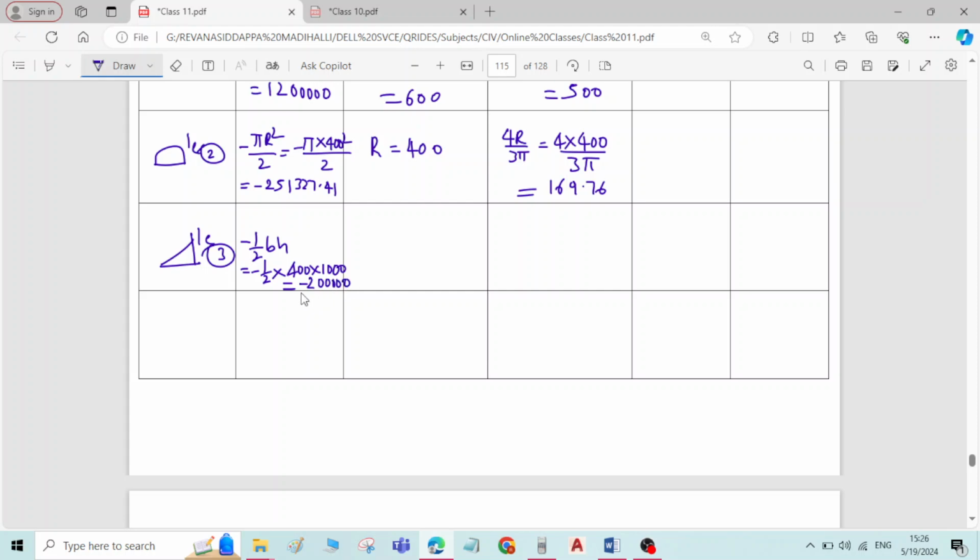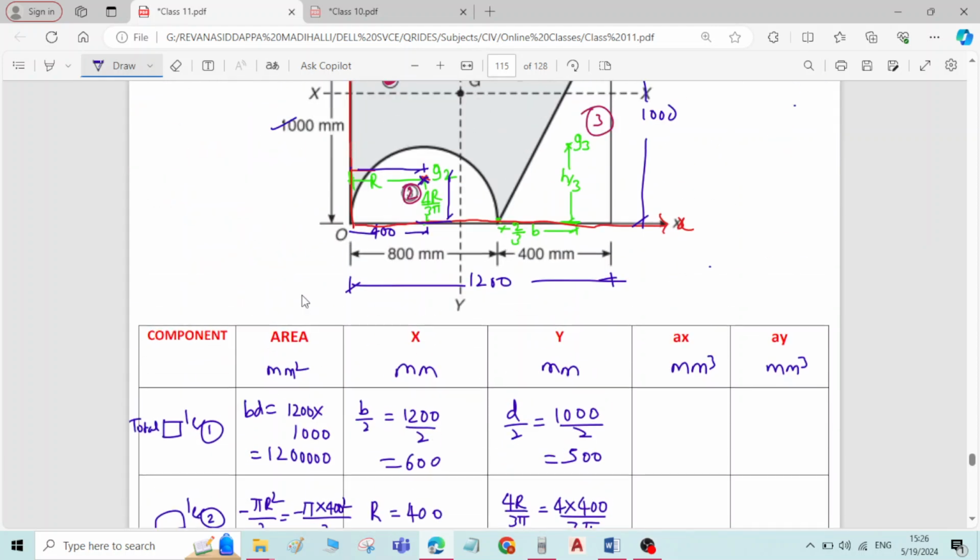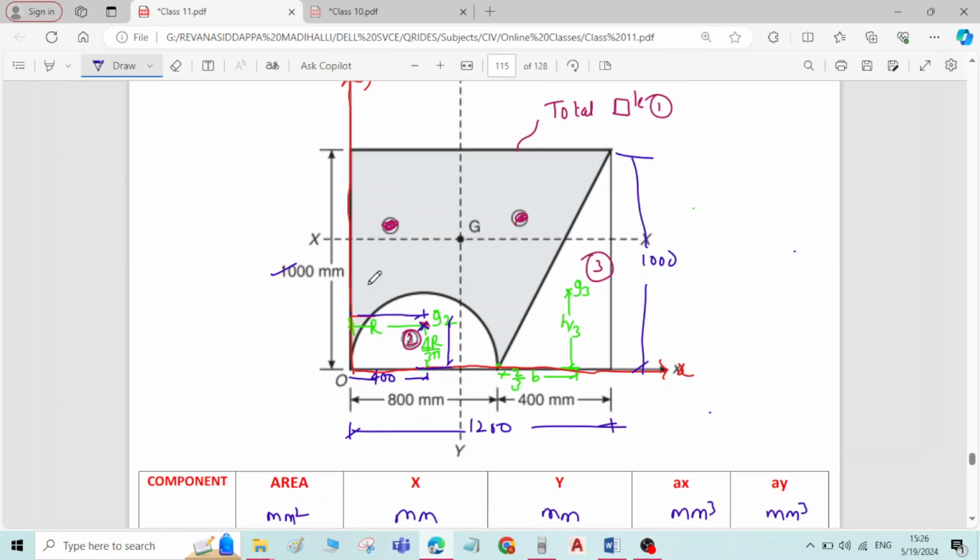Then the x value for the right angle triangle, meaning the distance of G3 from the reference y axis. It is 800 plus 2/3 of b, or 2b by 3.